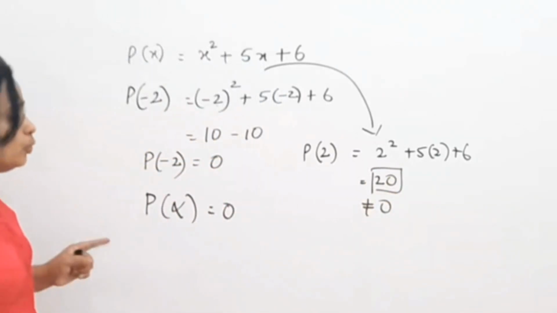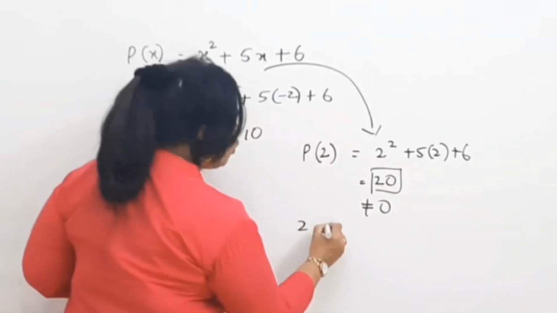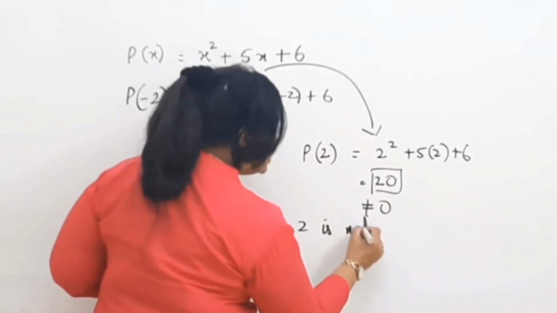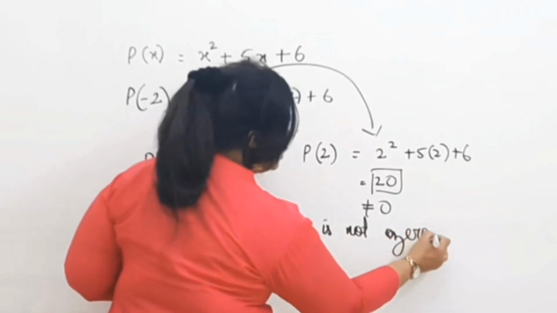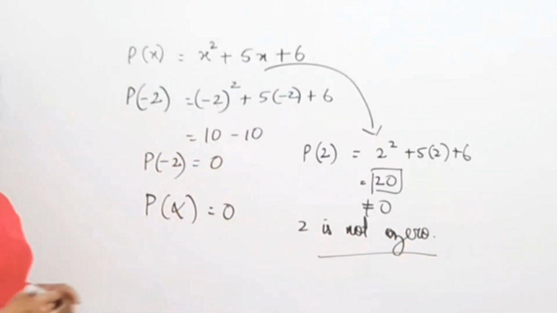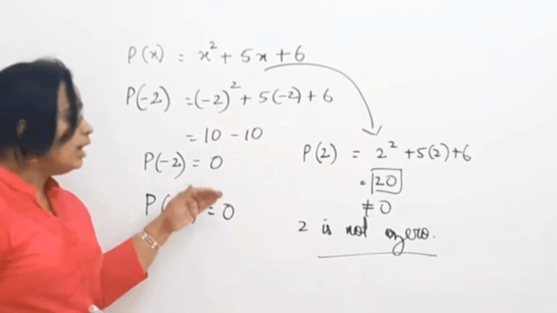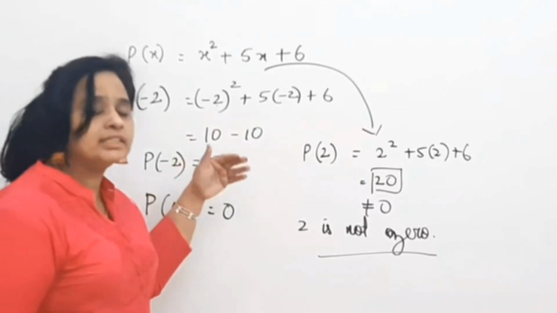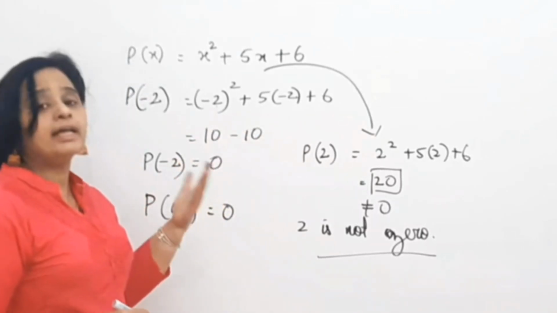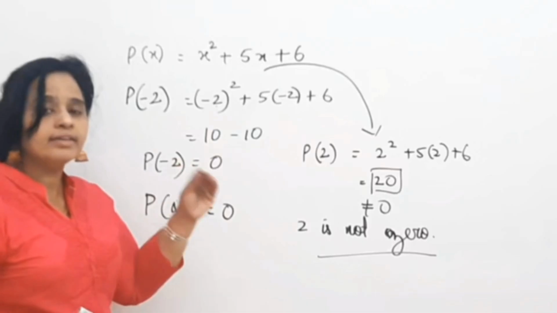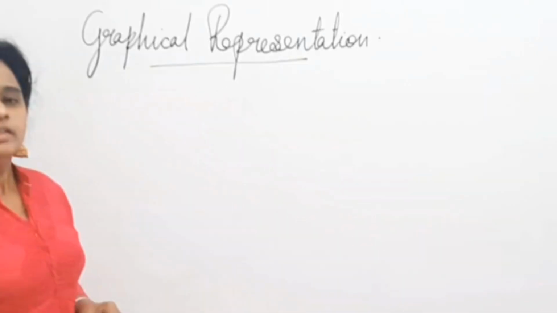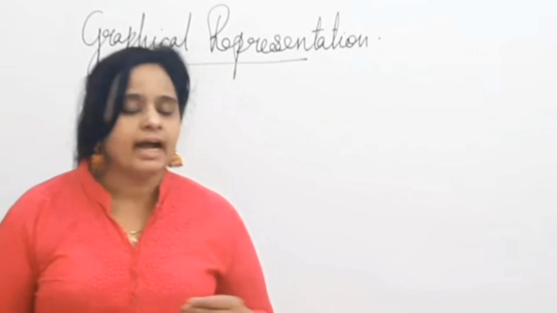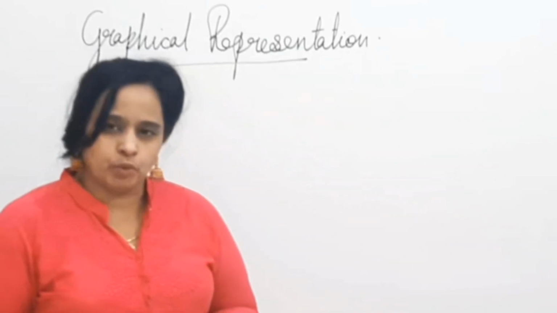That means 2 is not a 0 of this polynomial. So hope you understand this concept. The number which makes the polynomial's value 0, that real number is said to be the 0 of the polynomial. Children, now we move on to the graphical representation of these polynomials.